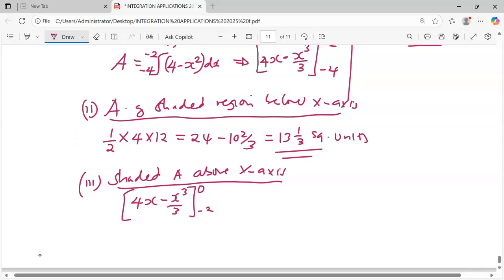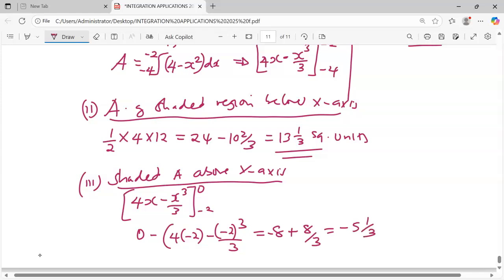Remember, if we substitute 0, we are going to get simply a 0. This is 0 minus, we have 4 times x, which is -2, minus -2 to the power 3 divided by 3. And this one is going to give us an overall answer of -8 plus 8/3, translating to -5 1/3.